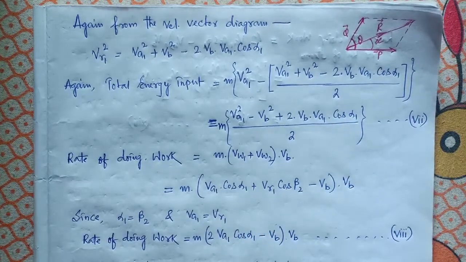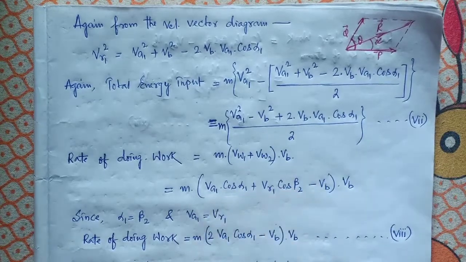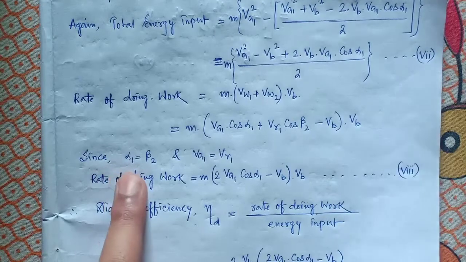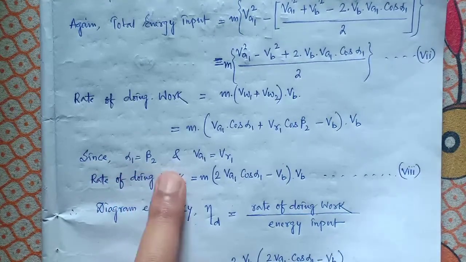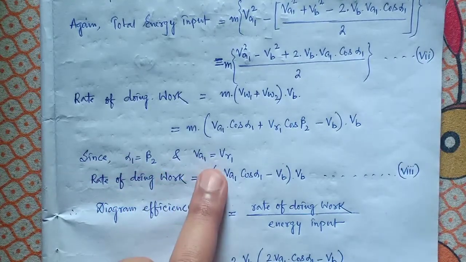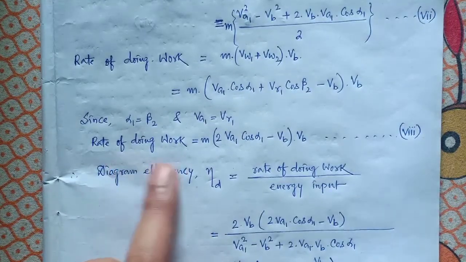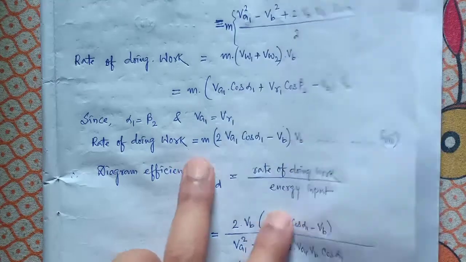I hope you know how to simplify it. Since we have already evaluated alpha 1 equals beta 2 and VA1 equals VR1, the rate of doing work can be written like this.